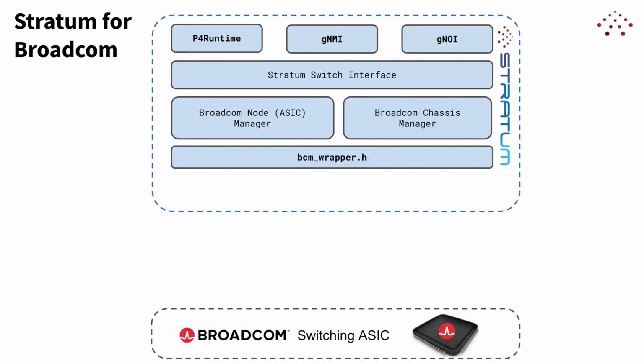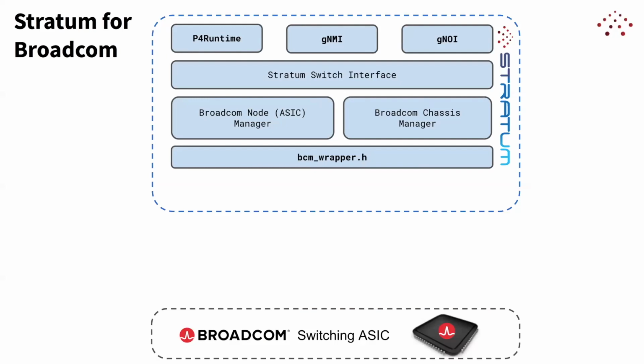On the left side, we have the Broadcom node manager, which translates the P4 runtime entities into objects that are consumable by Broadcom's SDK. And on the right side, we have the chassis manager, which deals with port channelizations and configuration as a result of plugging and unplugging SFPs. All of this sits on top of a common Broadcom wrapper.